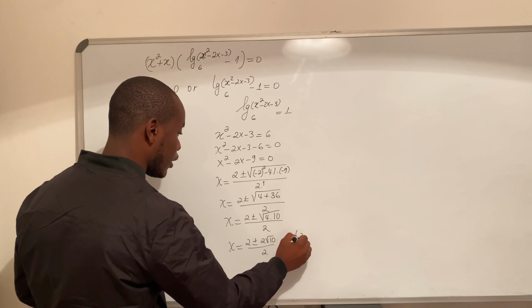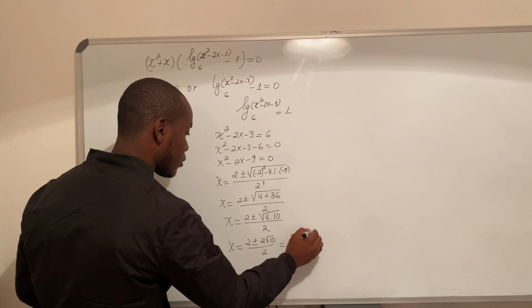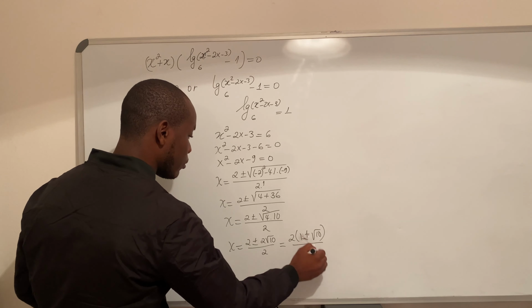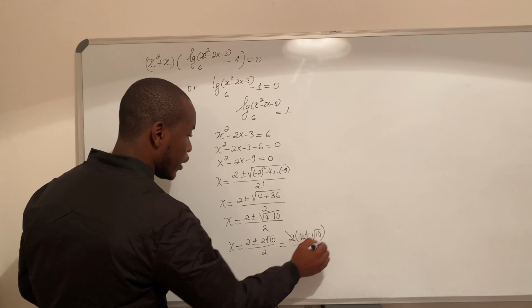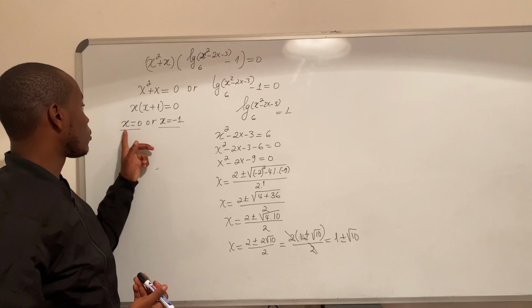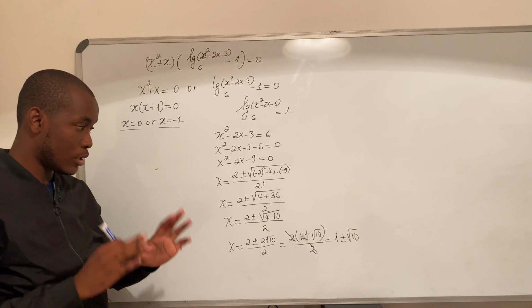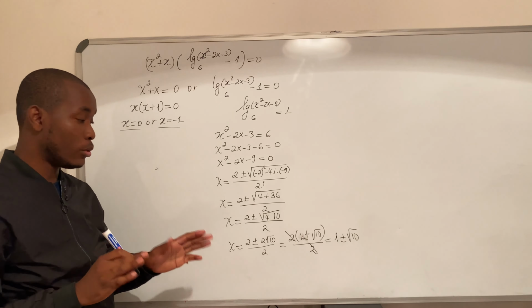Factorizing 2, we'll have 1 plus or minus square root of 10 over 2. We simplify them, 1 plus or minus square root of 10. So we have x equal to 0, x equal to minus 1, and x equal to 1 plus square root of 10 as one solution, and 1 minus square root of 10 as the other solution.